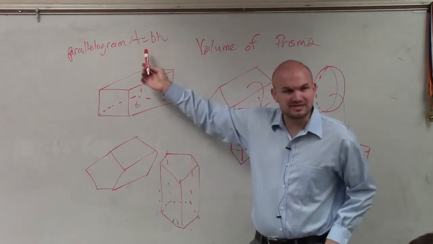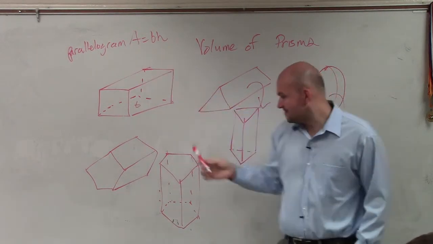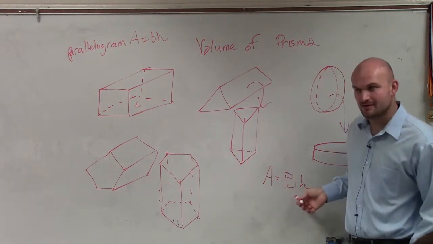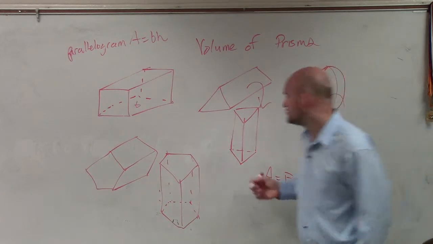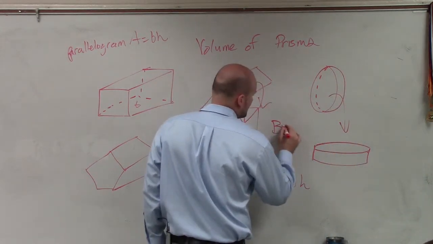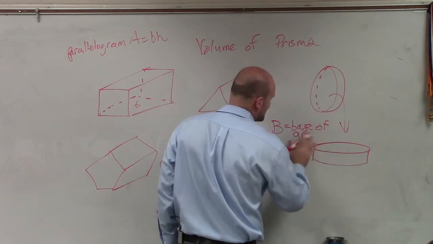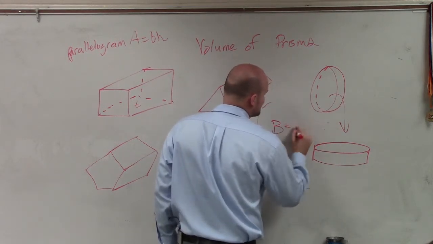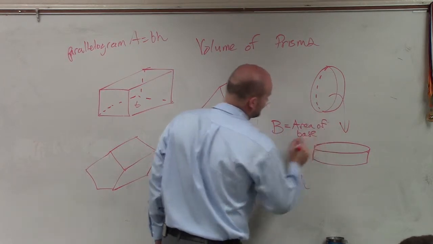Now, the b represents the base of your figure, and h represents your height. This B is a little bit different, isn't it? Do you see how it's a little bit different? Yes? Because what the big B represents is the area of the base.